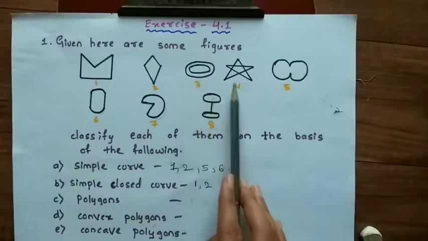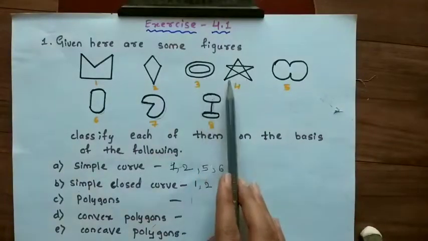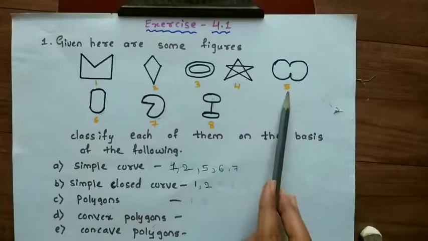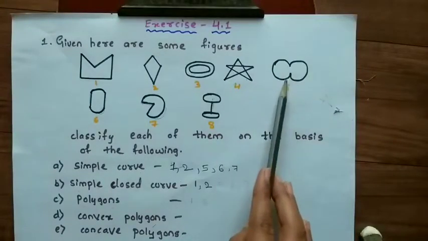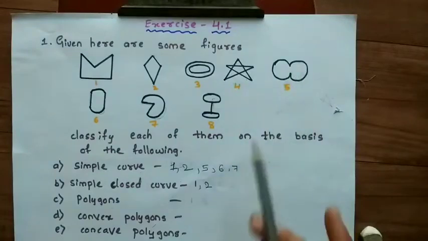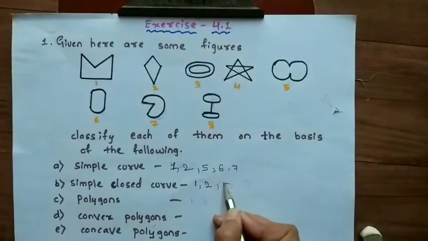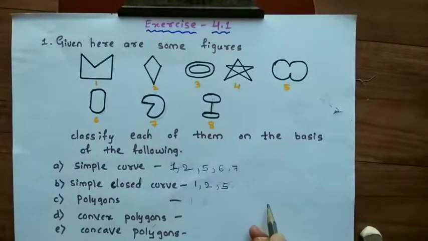That's why 3 and 4 are not simple closed curves. If you are checking figure 5, it is a simple curve and it is a closed curve. So figure 5 is also said to be a simple closed curve.